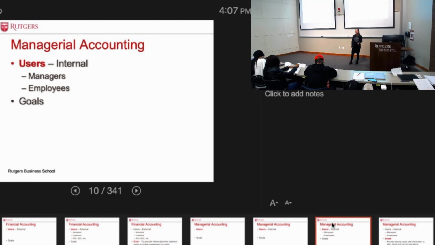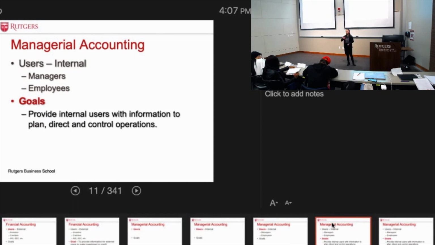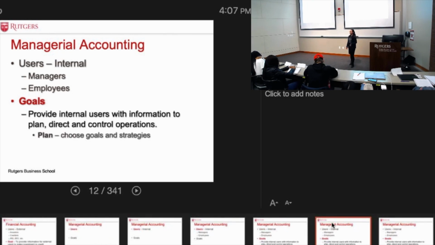So as we covered in the very first class, managerial accounting basically provides the internal users related information for them to make related decisions, right? And the decisions are basically related to their internal business decisions, especially the planning, right?